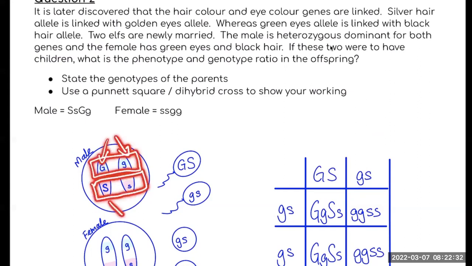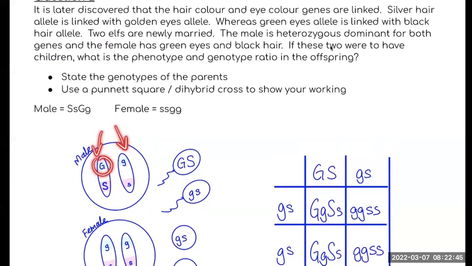And that happens with both of the genes. Inside the male's cell, this is exactly what it's going to look like: the arrangement of chromosomes and the arrangement of alleles.